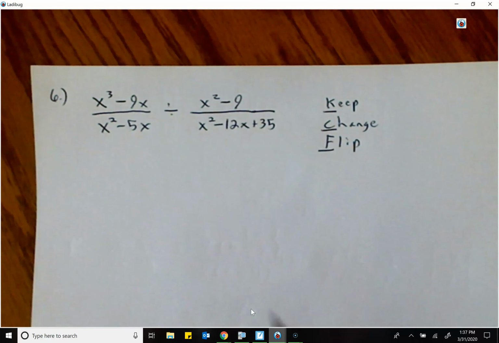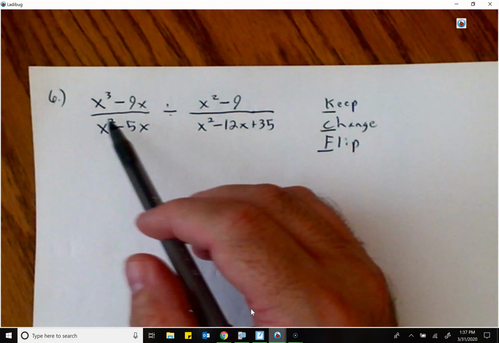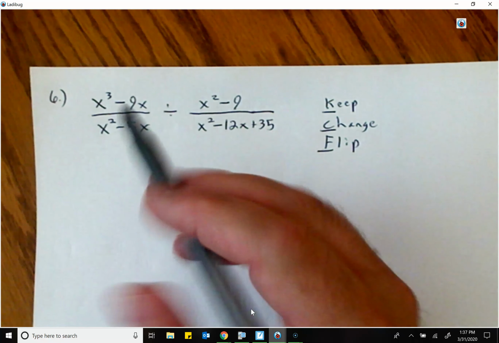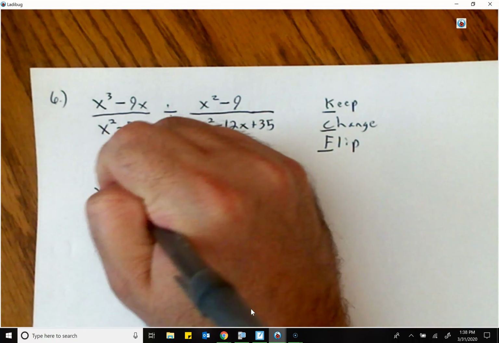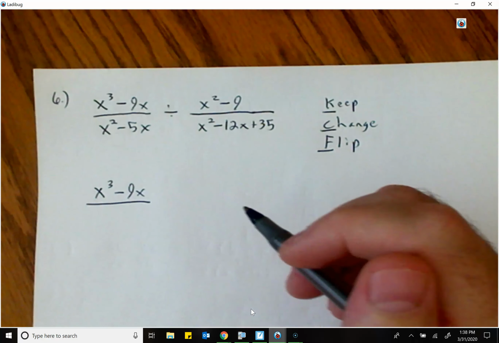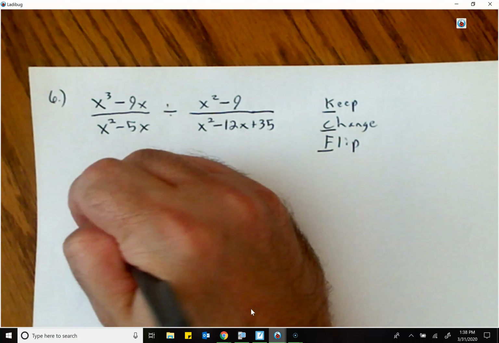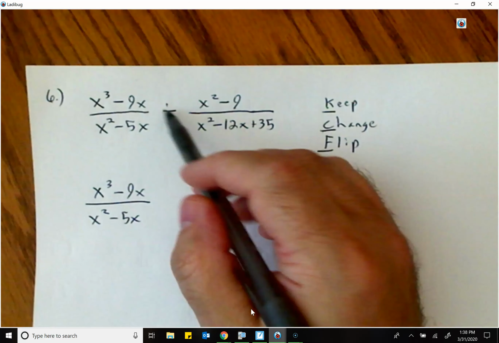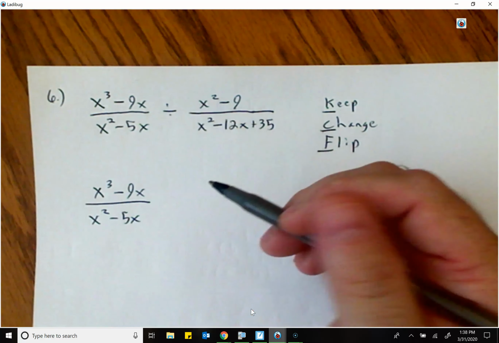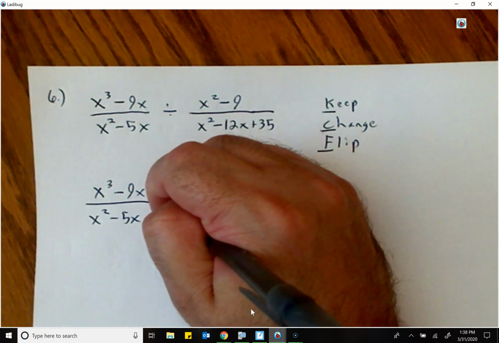So, keep means we keep the first fraction. So we're going to keep that first rational, x cubed minus 9x all over x squared minus 5x. Change means that we don't really do division. Division doesn't really exist, if you didn't know that.